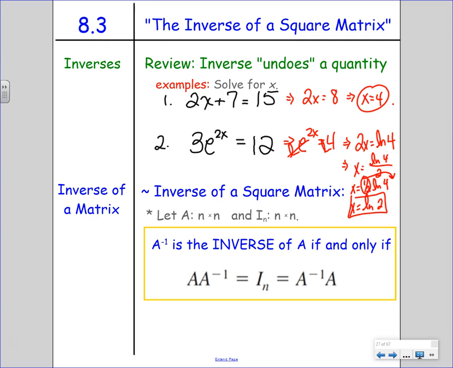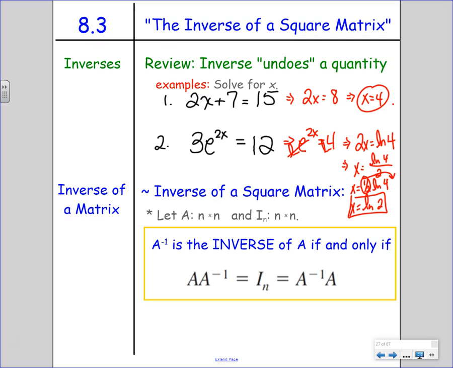Because the calculator can undo as well, which is super nice and super helpful. Because if I was to ever ask you for an inverse of a 3x3 or a 4x4 or a 5x5 or anything above a 2x2, I would have you using your calculator. You would not be doing it by hand. We're only going to learn how to do by hand the inverse of a 2x2. And then we're going to learn how your calculator will help us for anything higher that we need, okay?